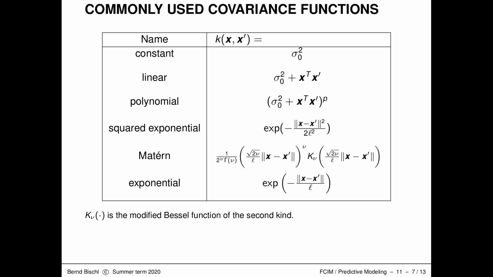Usually we can see the Matérn family as a maybe more realistic family of functions for physical processes, because we can control through that parameter that the resulting process is not too often differentiable, which is often true for more realistic processes in the real world. And then there's also this exponential covariance function without the squaring.